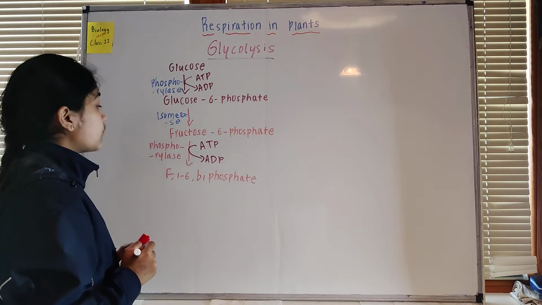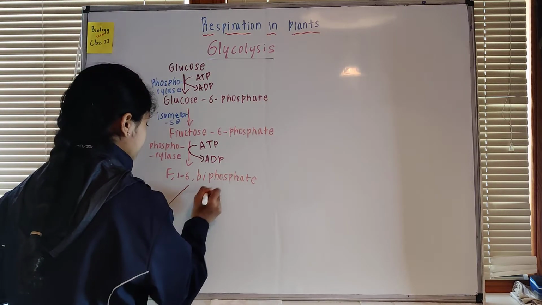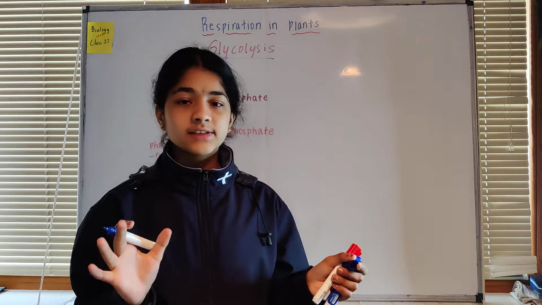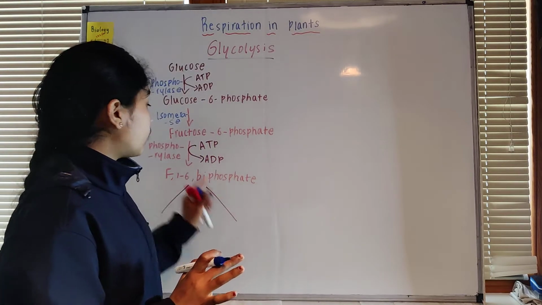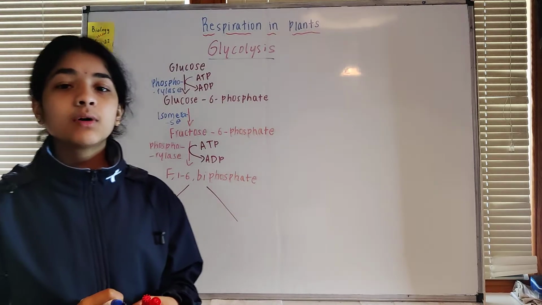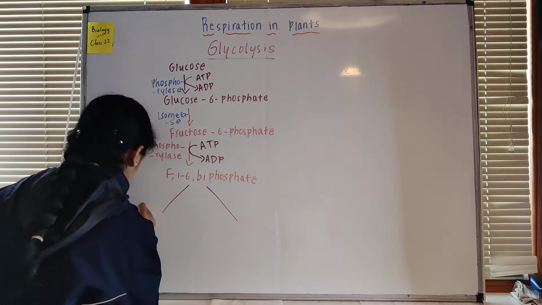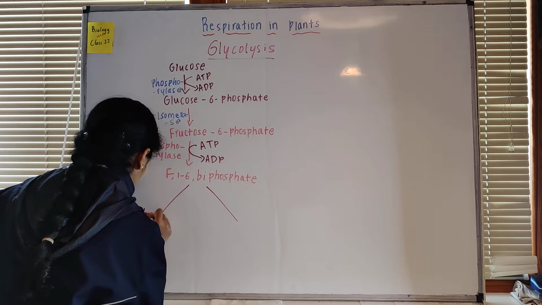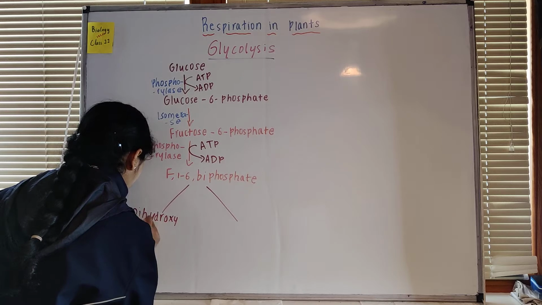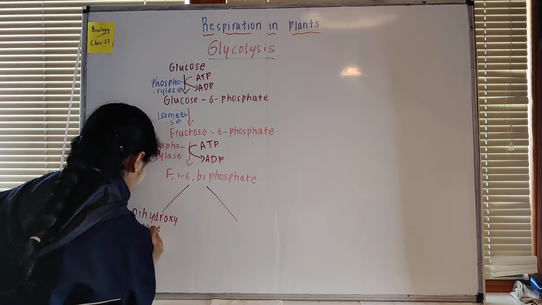Now fructose 1,6-biphosphate is split into two compounds. The first one is known as dihydroxyacetone phosphate.